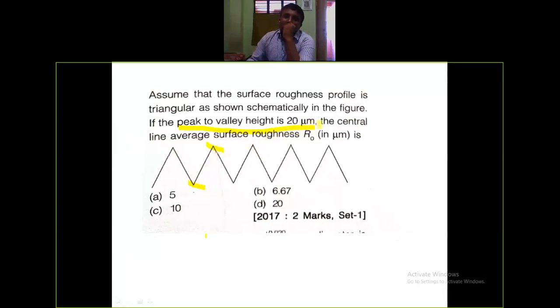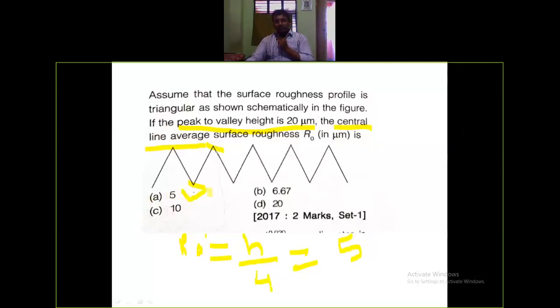They have asked the center line average surface roughness, which is given by Ra equal to H by 4, that is 20 by 4 is equal to 5. The correct answer will be A.